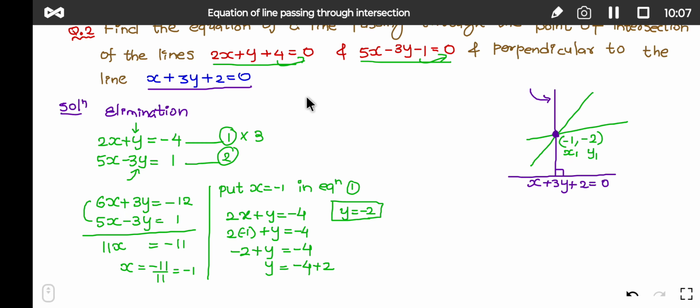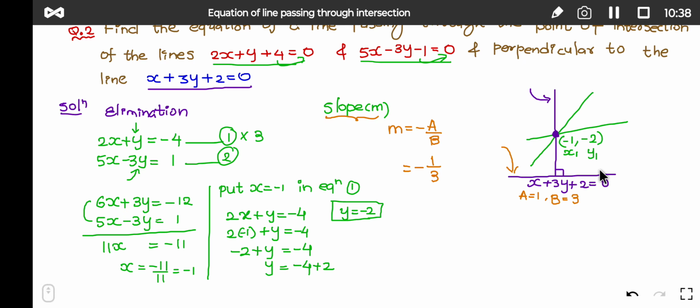Now the second step, we have to find out the slope m of the line. To find the slope, we use the equation of the line which is perpendicular. Here the value of a is 1 and the value of b is 3. Our formula to find the slope is m is equal to minus a upon b when the line is given. So minus of a is 1 upon b is 3.